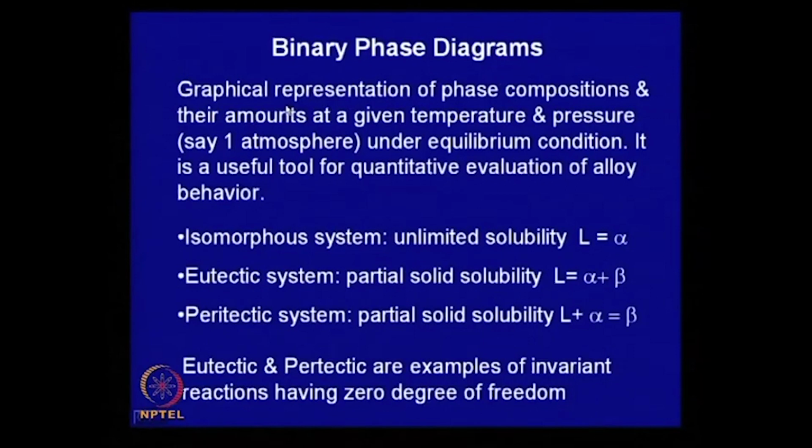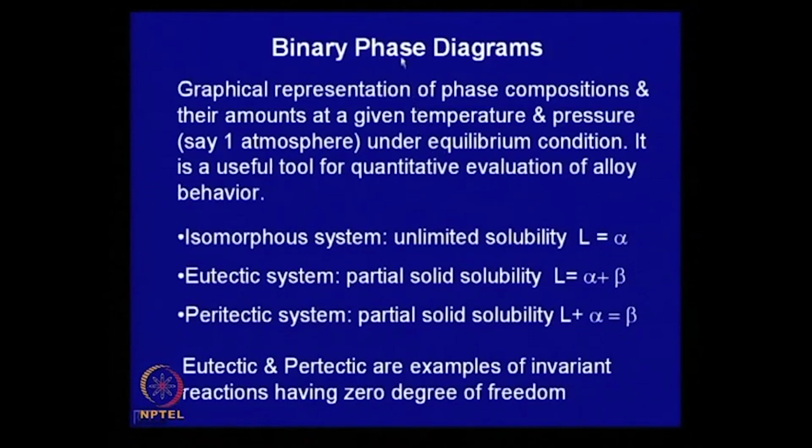This is a graphical representation of phase compositions and their amounts at a given temperature, and often we do it at constant pressure, usually 1 atmosphere. One important condition here is that we assume the cooling is very slow, such that at every stage there exists an equilibrium between liquid and solid.